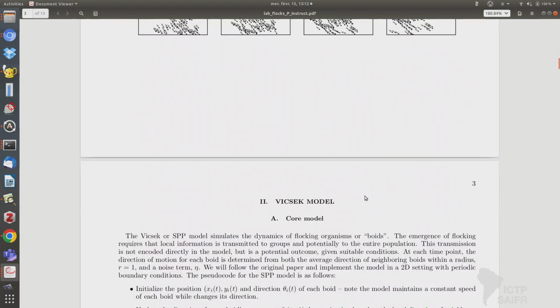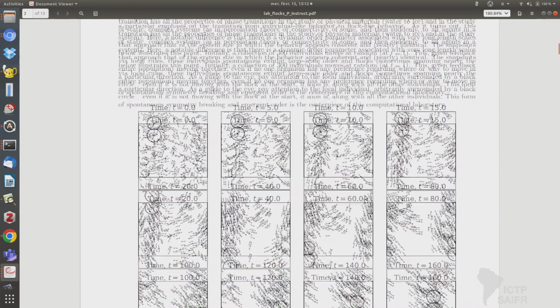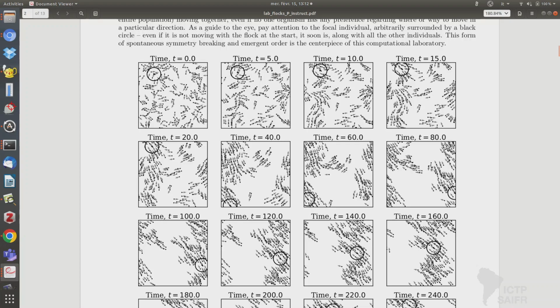So essentially what you're going to try to do is to produce some plots like this one. These are called quivers, where at each point you have a bird at position x, y, okay? So this is y, this is x. At position x, y, you have birds, and again, they are represented by a vector, okay?